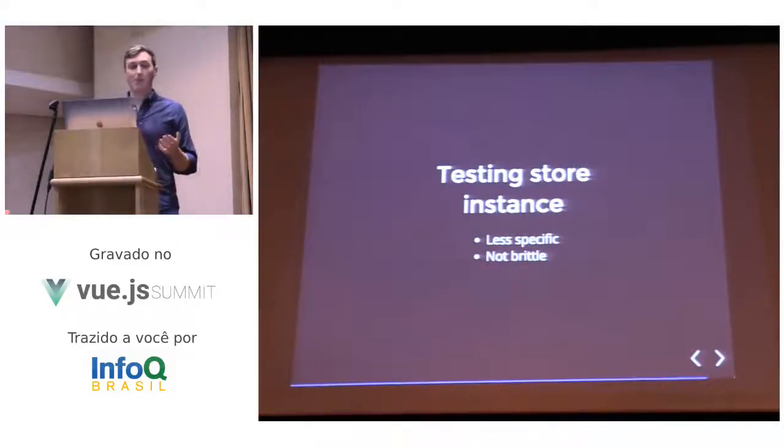But they're less specific, so if something does go wrong, it's going to be more difficult to find out what the problem is because they're not as fine-grained as unit tests, or when you test each part separately.